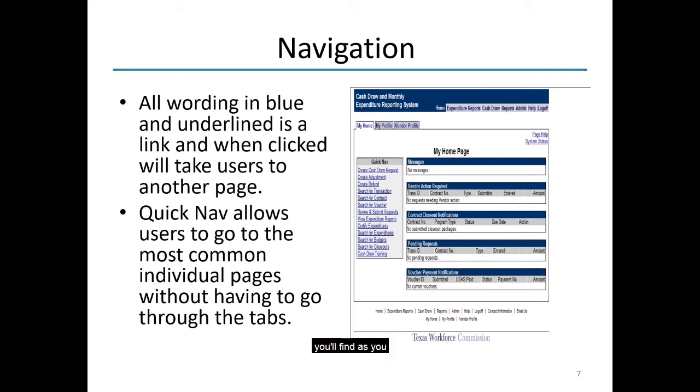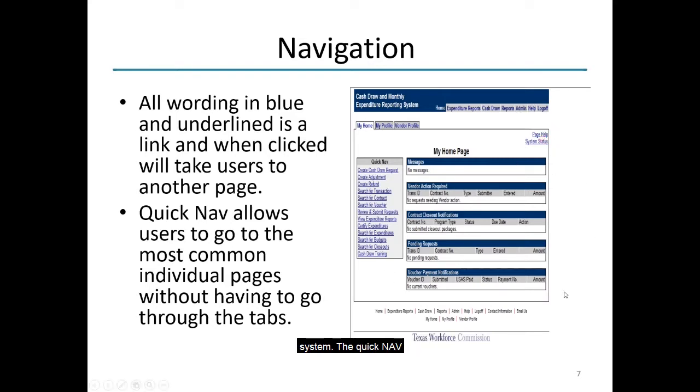Additionally, you'll find as you navigate through the cash draw and expenditure reporting system that there'll be numerous places where there's blue text that is underlined, and those are all links that will take you to another module or page within the system.